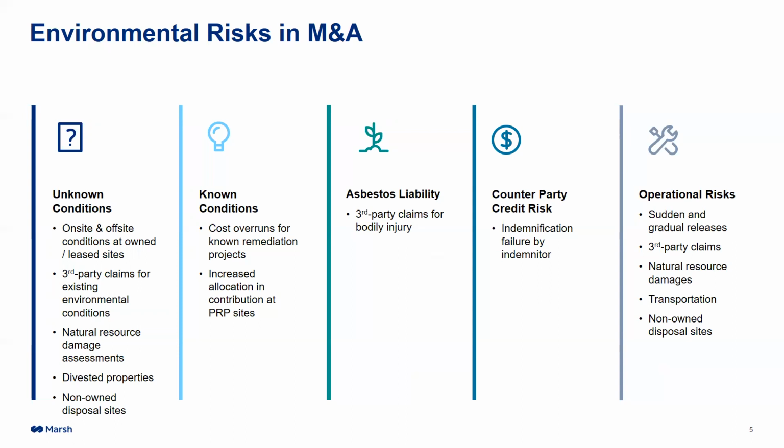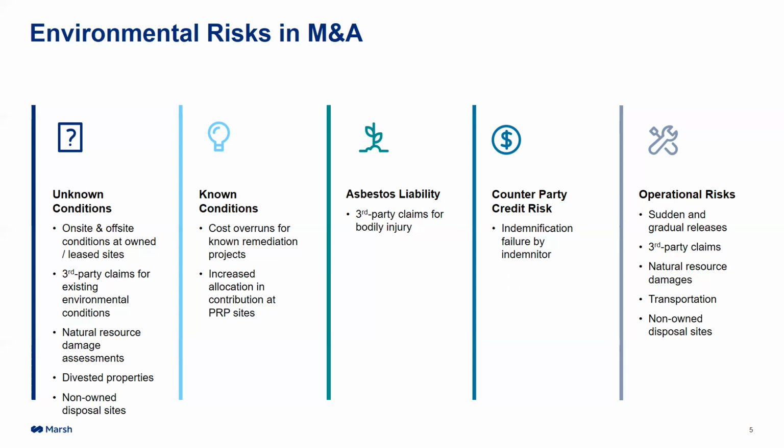But that doesn't mean that there can't be unknown conditions that you could be assuming in that deal. So, what potentially is manifesting on site, migrating off site, and how could potential remediations or resulting business income interruption ultimately impact your transaction? Third-party claims is another big one.